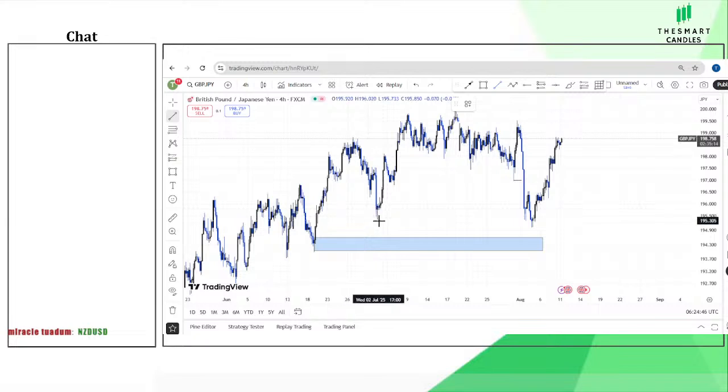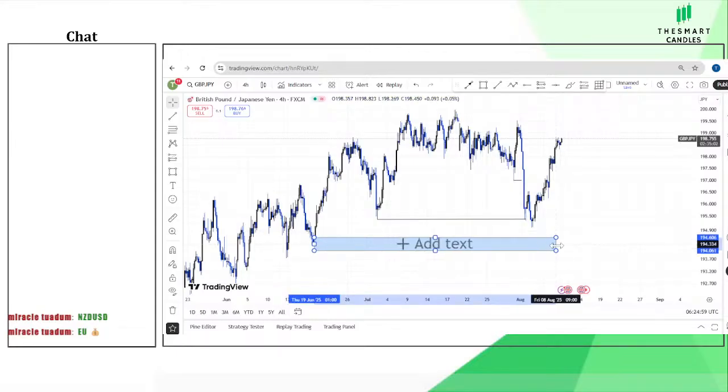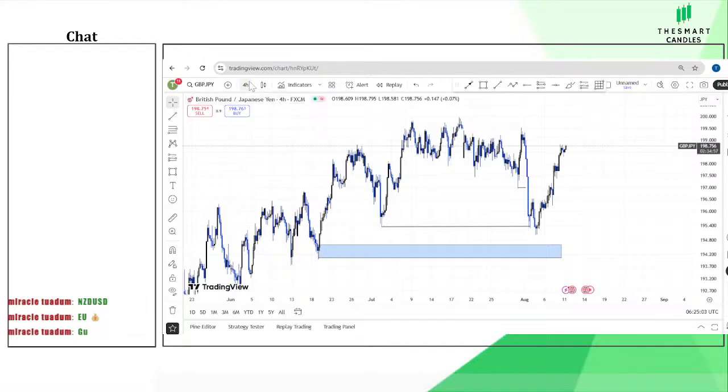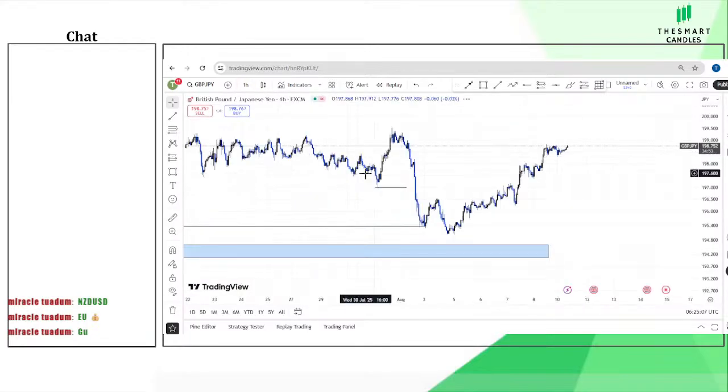This was my inducement zone. And price took out this inducement. So now what is our bias on 1 hour? Let's look at the 1 hour price action on GJ.